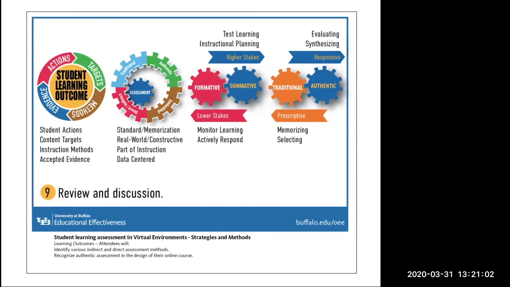Simplify instruction to support that. I hope this overview of assessment has helped to center your understanding and will be a helpful guide as you evaluate your seated course design with the goal of transforming it into effective and responsive remote instruction.